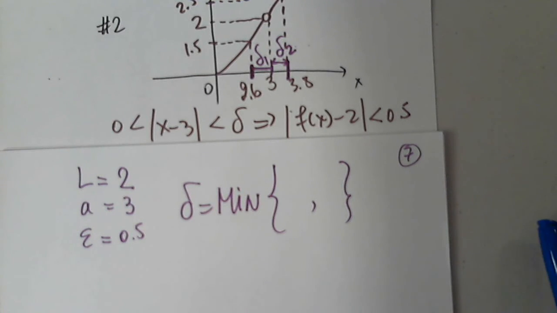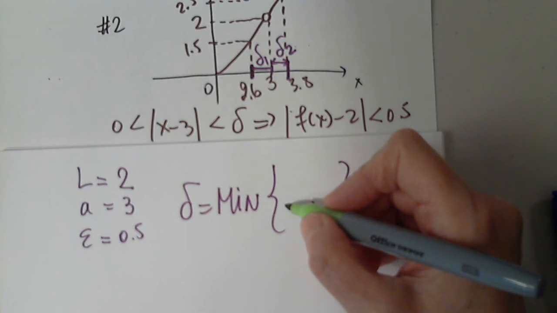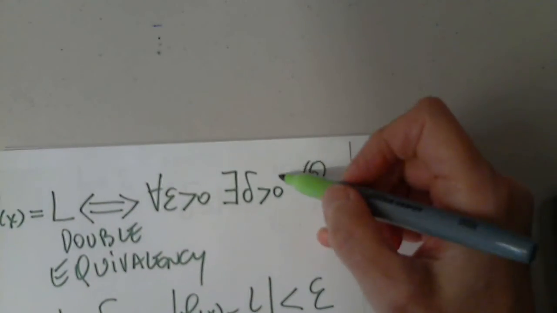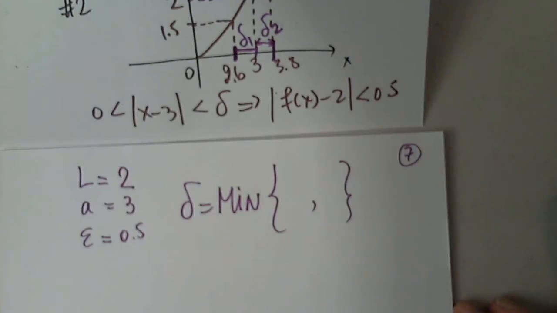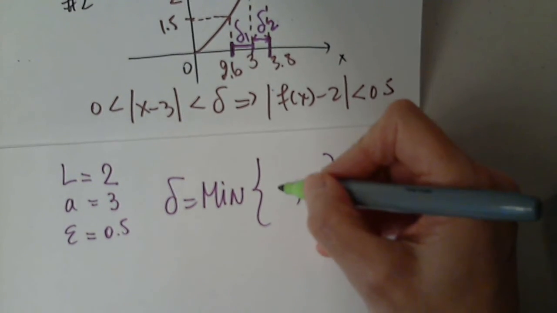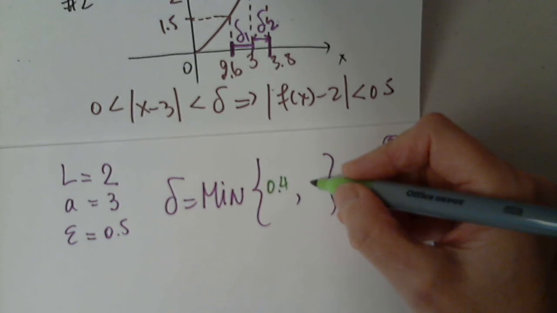Delta 1 looks to be negative 0.4, or is it the opposite? Very good point. Okay, so it's positive. Yep, you said that earlier. So that's positive. That's okay. And the other one? 0.3.